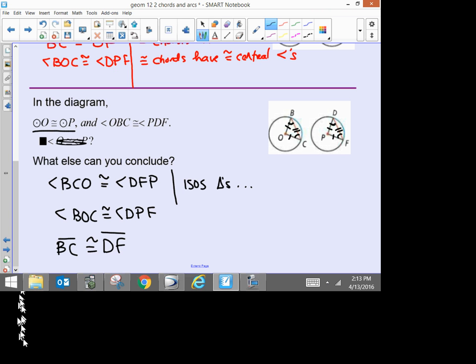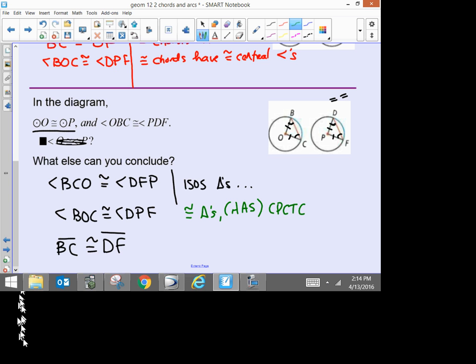Do we have congruent triangles? Angle side. Okay, I'll take it. Congruent triangles, angle side, CTC.